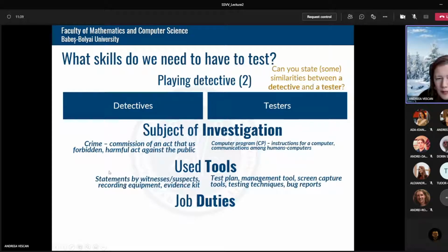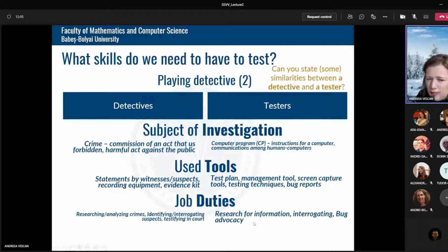From the tools, the detectives take statements, have recording equipment, an evidence kit, gloves, and so on. However, the tester has some strategy, a test plan, uses different management tools, screen captures, different techniques to test. As you said earlier, you need to have a certain mind, think about the solution and so on, and write bug reports.